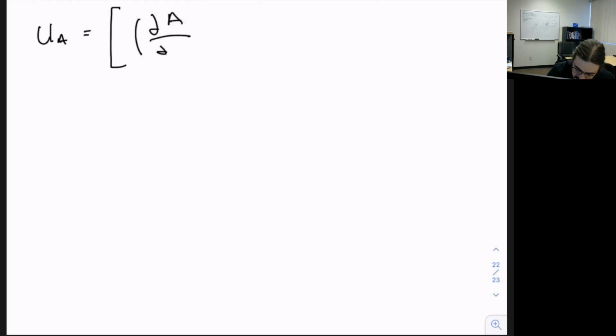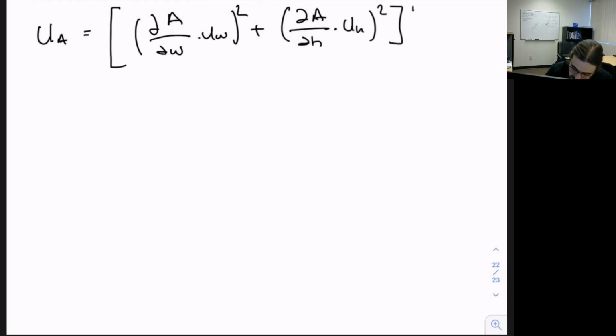Okay, let's remember how we did the uncertainty for the area, right? Uncertainty for an area was given in RSS format: UA equals the square root of dA/dW times UW, squared, plus dA/dH times UH, squared.